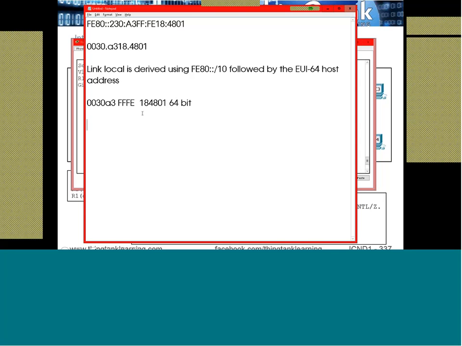Well, the first 4 bits are 1, 2, 3, 4. That represents this 0 in the MAC address. The next 4 bits are 1, 2, 3, 4, which represents this 0 in the MAC address. I invert this bit, and this becomes 0, 2 in hex.